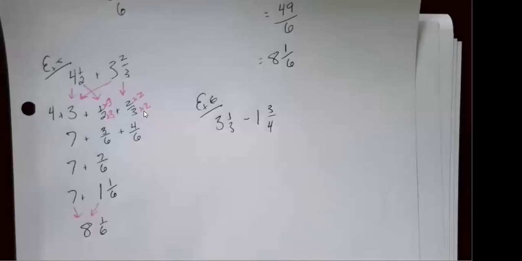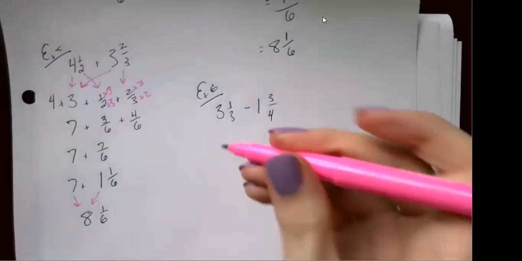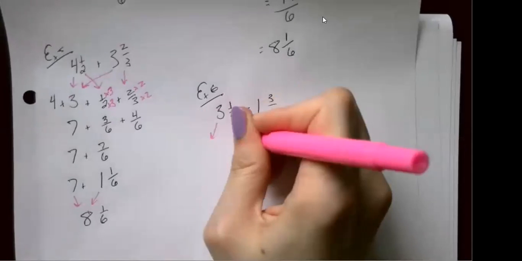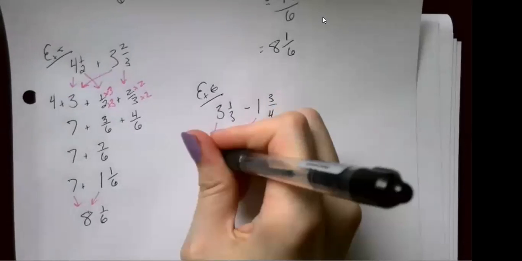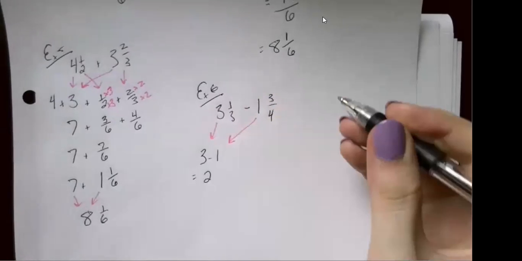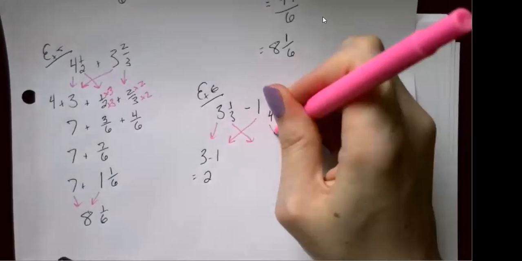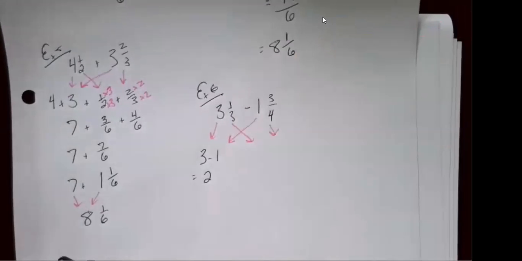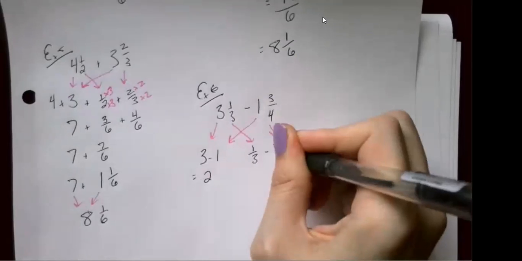Okay, so for this one, I have 3 1/3 minus 1 3/4. So once again, I'm going to start by taking my whole numbers and subtracting them. So that'll be 3 minus 1, which is 2. And then also taking my fractions and subtracting them. So 1/3 minus 3/4.